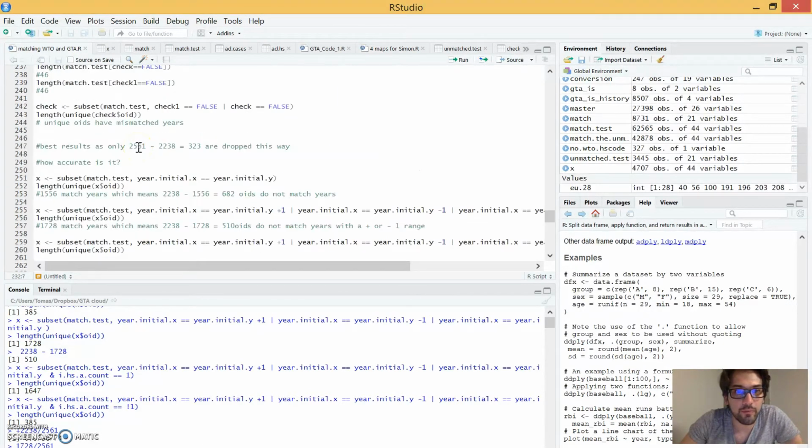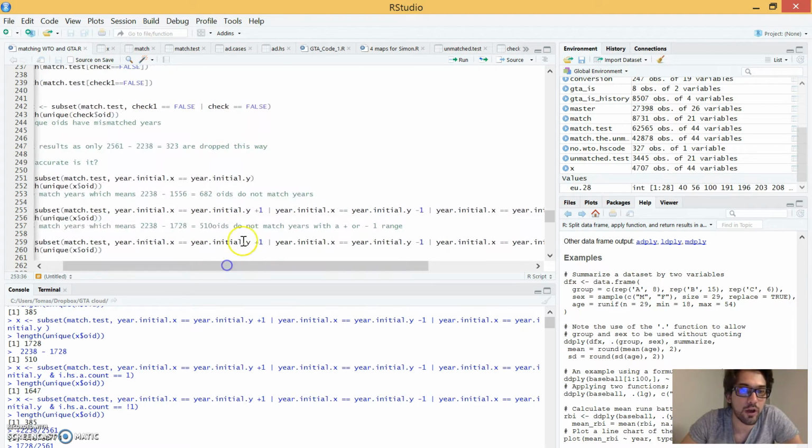So then, to figure out if that was just matching things on HS codes but with very different years, I subset the data a couple times and checked to see if there was a range where there were more or less specific unique IDs that were not matched. There's a gap of more than a year.